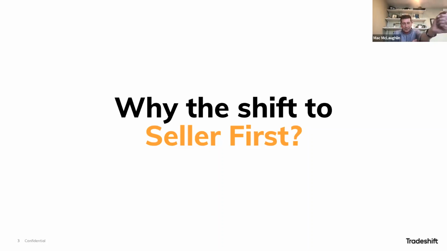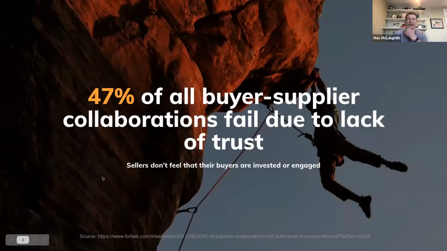Let's take a look at some other data points for your reference before we get into the demo. Another reason we have an issue with suppliers onboarding and transacting digitally is that Forbes did a study and found that 47% of buyer-supplier relationships fail.